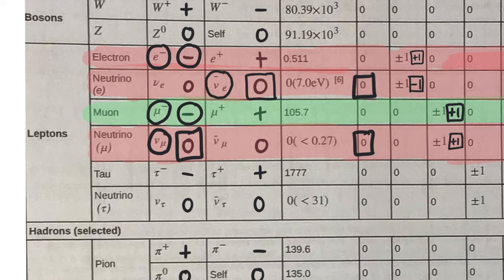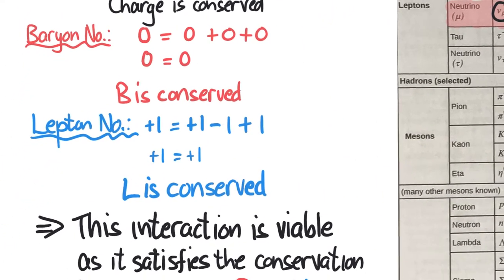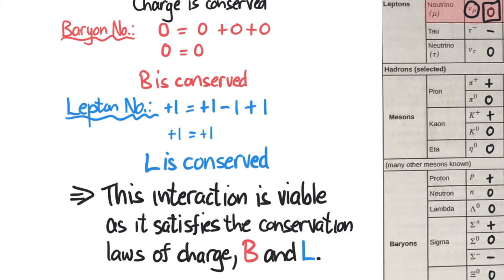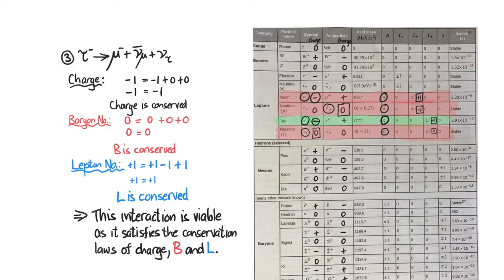So therefore, when we add up everything on the right-hand side, we get +1 -1 +1, which gives us +1. So the lepton number is also conserved. So therefore this interaction is also viable, as it satisfies the conservation laws of charge, the baryon number, and the lepton number. So let's consider this interaction.